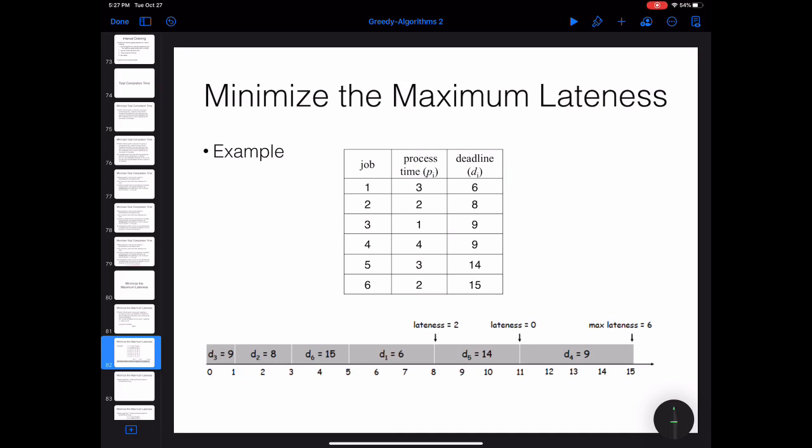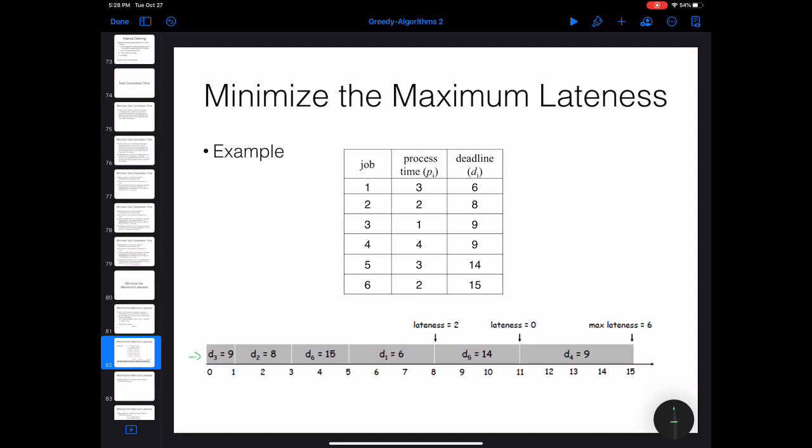Job 2 takes 2 hours, and the deadline is at 8. So this is going to be an ordering. Just assume that I am doing job 3 first, and then job 2, job 6, job 1, job 5, and job 4. How can I calculate the lateness?